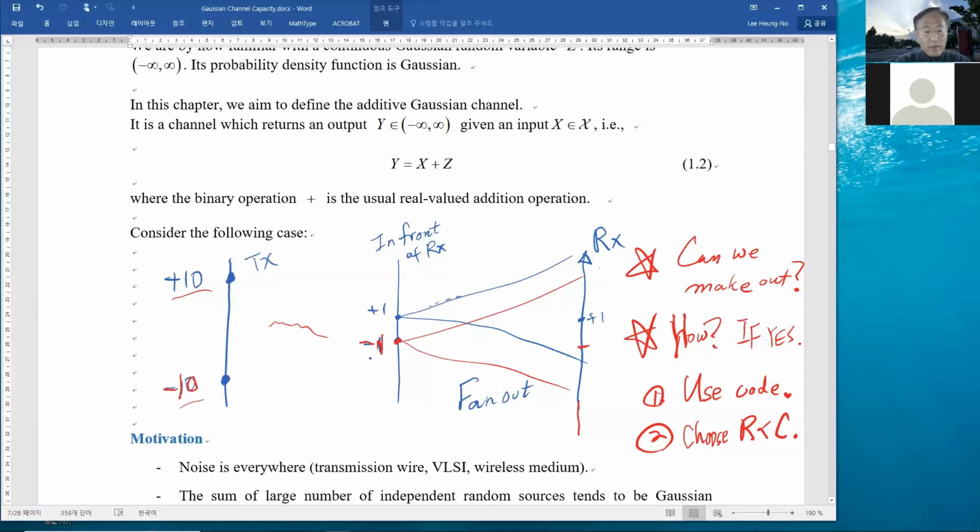And if -10 was sent, -1 is the energy in front of the receiver antenna, and then what is actually the sample, the value actually taken at the receiver circuitry because of the noise. Basically, noise occurs because of the electron movements.